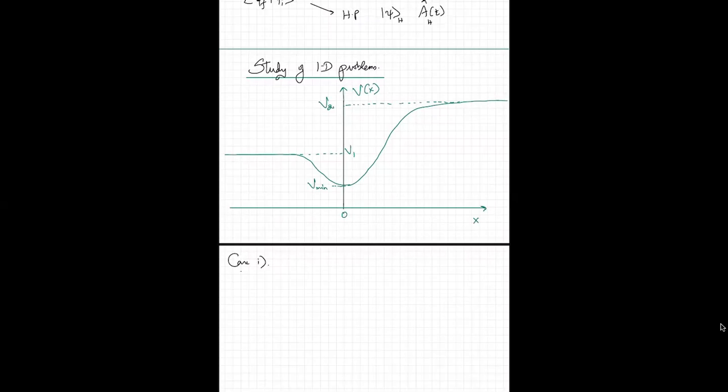case 1, my energy of the particle that I'm throwing into this potential has a value between Vmin and V1. Okay, what will happen? So let us say that this is my energy.